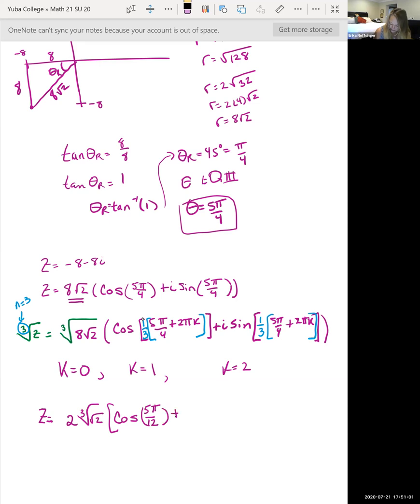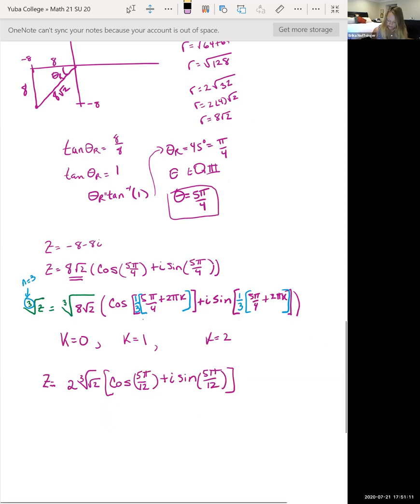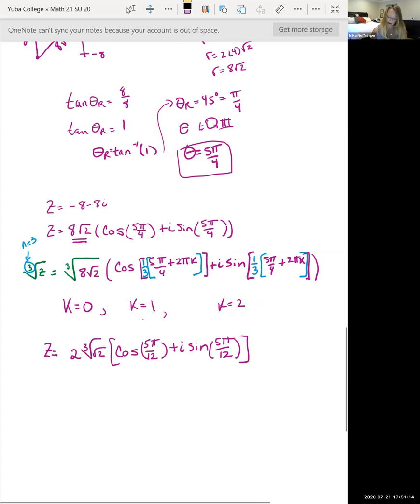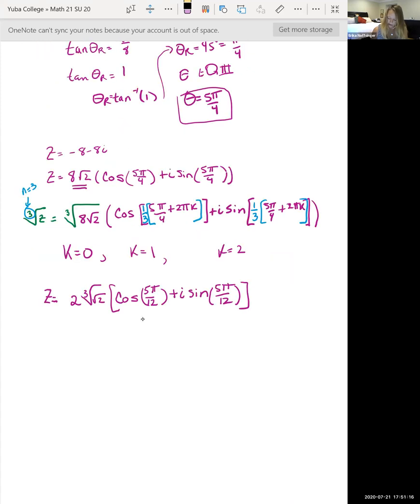Plus I sine, same idea, this would be 5 pi 12ths. So this right here can be rewritten also in exponential form.